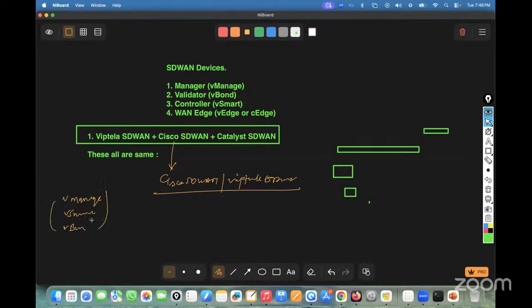These products you need to purchase, and if you have the ASR router and ISR router, we can upgrade these to support this controller, and it becomes the SD-WAN network. So you just have to take some license and some kind of activation on this. I mean you have to upgrade the iOS version and all.